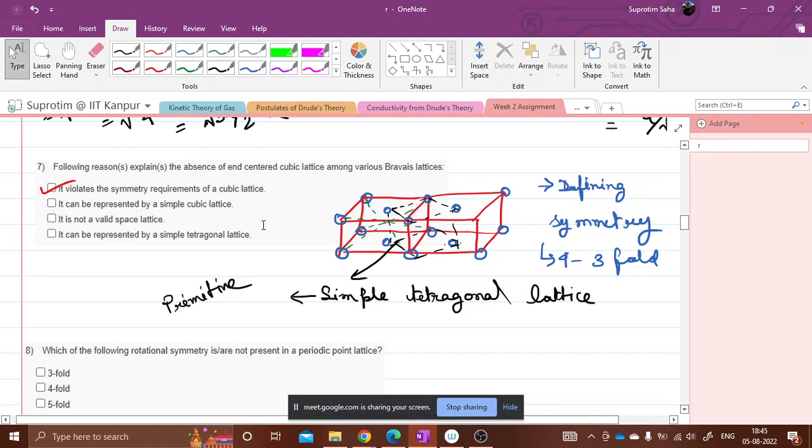So it being a primitive lattice, the end-centered cubic lattice will not be a valid Bravais lattice, because you can simply create a simple tetragonal lattice out of two successive end-centered cubic lattices. So it is not a valid Bravais lattice. So the fourth option will be your correct option.